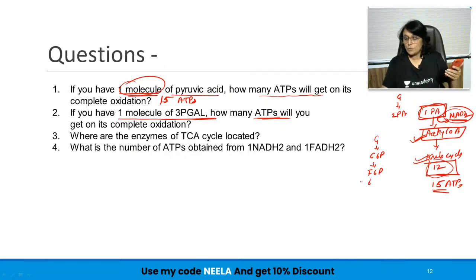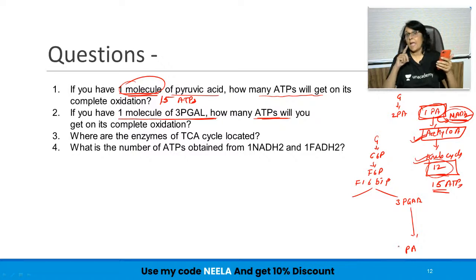Then fructose 1,6-biphosphate, and then this dissociates into 1 molecule of 3-PGAL. Then from this PGAL, we will get 1 pyruvic acid. And in this process, we will get 2 ATPs and 1 NADH2, right?